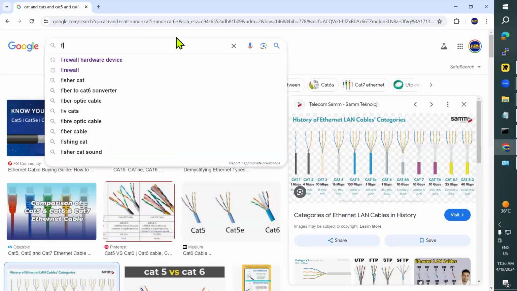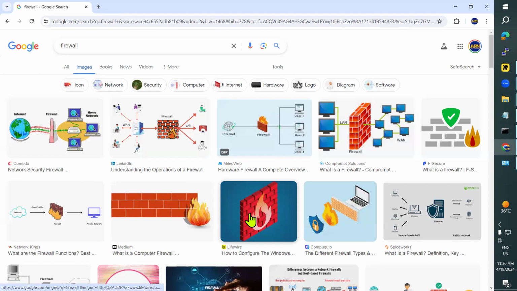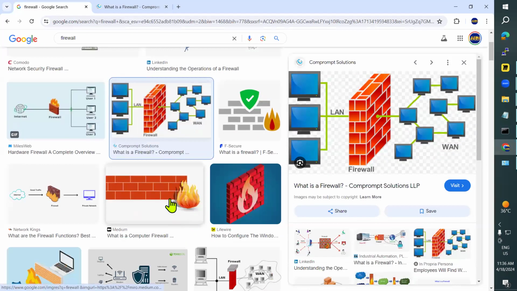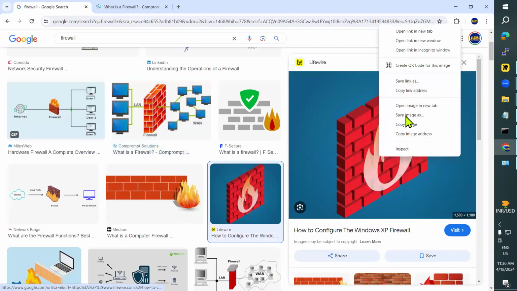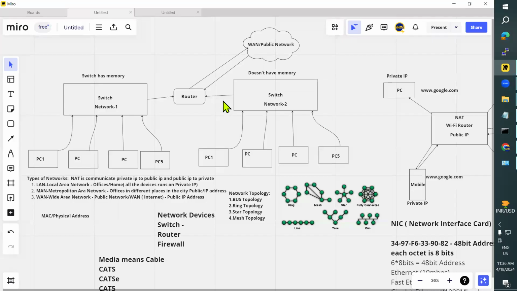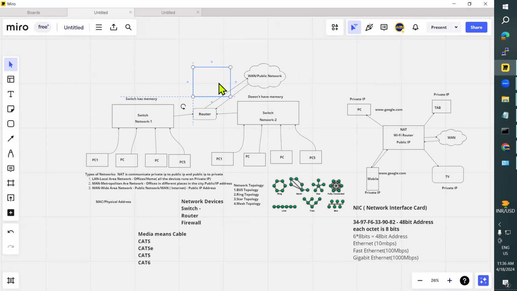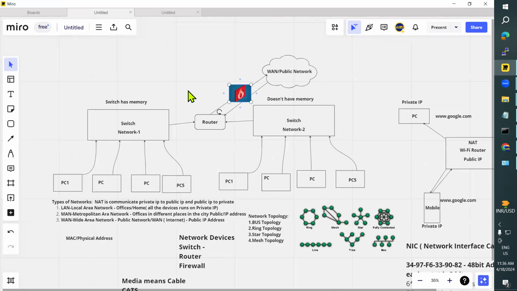How does a firewall look? See, this is the firewall. Let me copy the firewall image. The firewall has the ability to protect our network, so I place the firewall between the public network and my router.